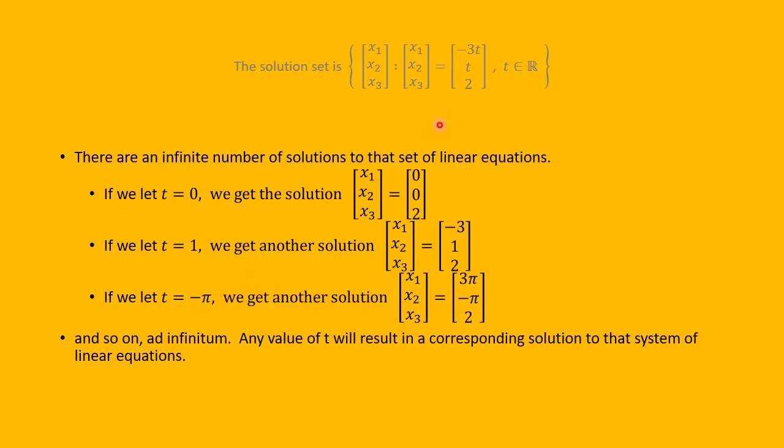Suppose I let t equal minus pi in this vector. Then we're going to get minus 3 pi, pi, and 2. So here's a third solution to that system of equations that we had. And we could continue forever coming up with more and more solutions to that system of equations. Any value of t plugged into this formula right here will give us a solution x sub 1, x sub 2, x sub 3 for that system of equations.